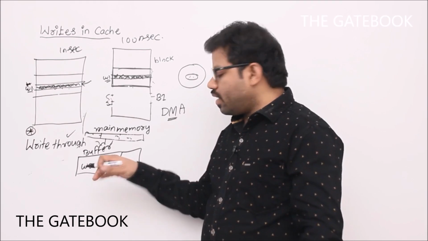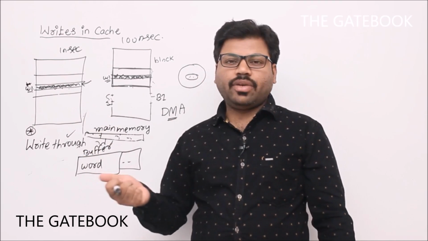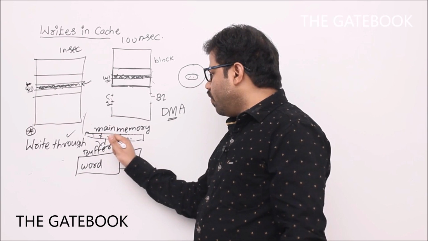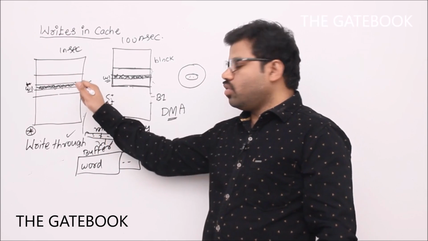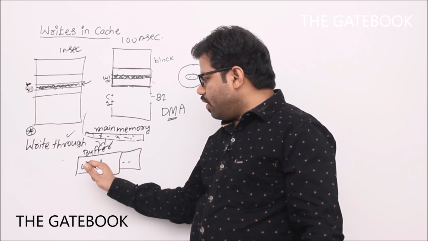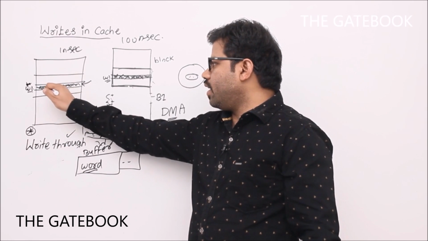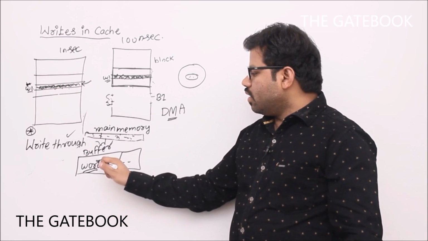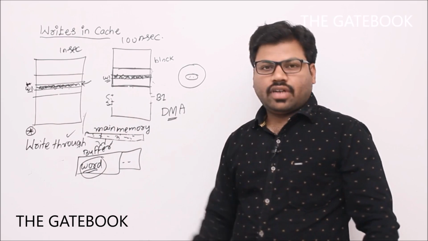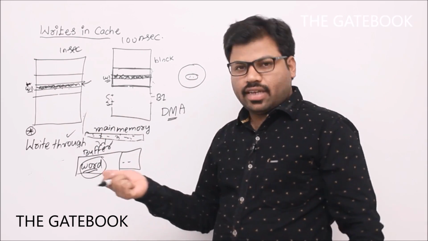Write buffer can hold some of the words which are given by the processor. That means the processor is referring to a word, right? Processor wants to modify some word, right? You have data, that data to be modified, that word. Example, let's say you are modifying this word here. Then the buffer will hold that word. Understand? That is called write buffer. Then I will explain how we use this write buffer.